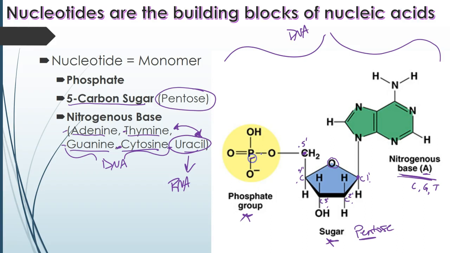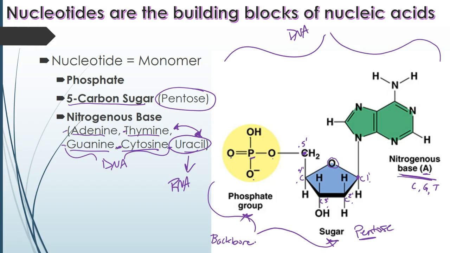You can see P with 4 oxygens attached to it. This is our phosphate molecule. When we talk about how these nucleotides structure themselves, the phosphate and sugar are going to make up the sugar-phosphate backbone.